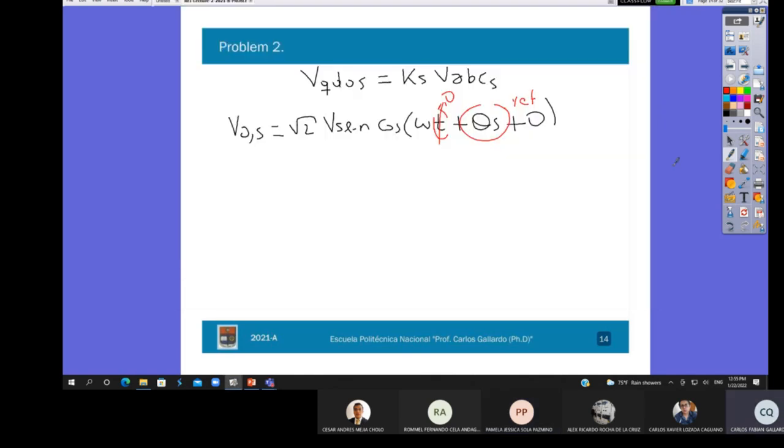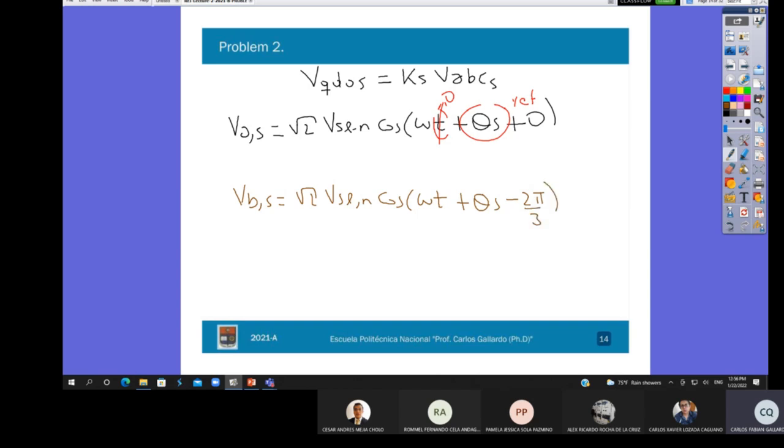Okay, so let's continue. We know now what my objective is. This is phasor A. Because I have a three-phase system, I need a phase displacement of 120 degrees. So I will have the square root of 2 times the line to neutral voltage, cosine of omega t plus the 120 degrees phase displacement.